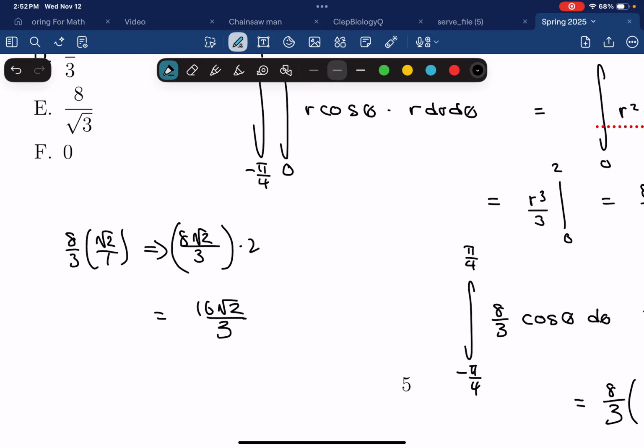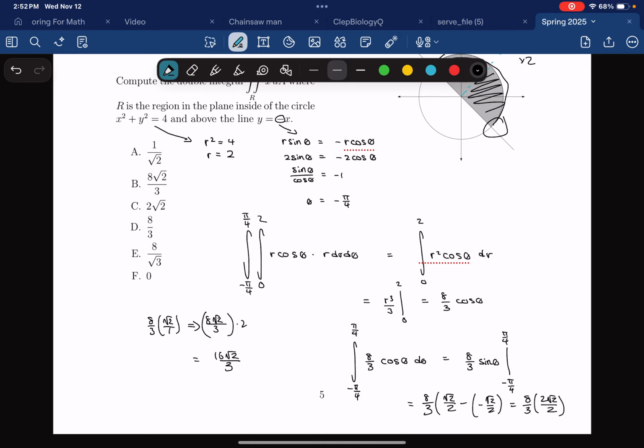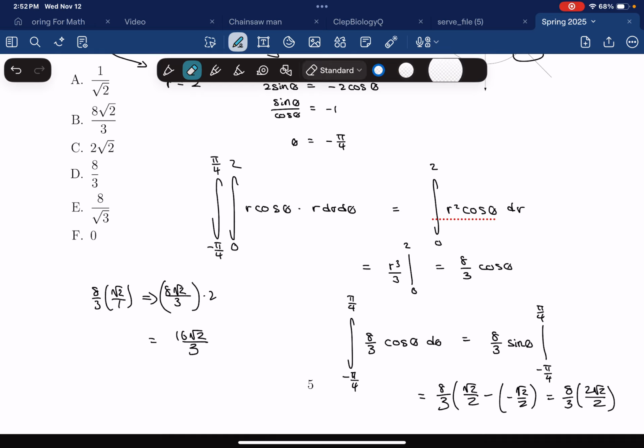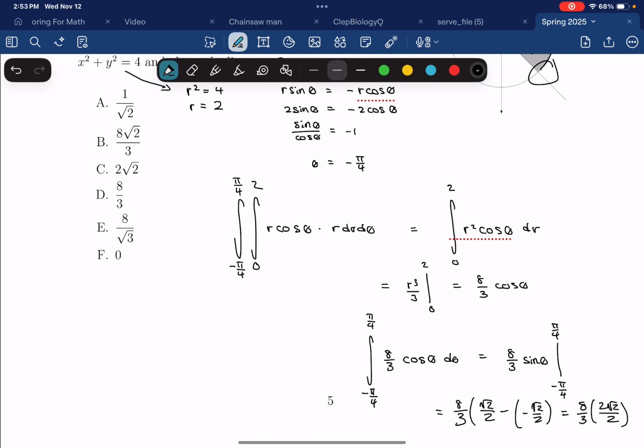Wait, I think I've done something wrong here. What did I do wrong here? Oh, I see it. Okay. So I'm just going to multiply it out. 16 square root of 2 over 6. Wait a second, that's very confusing.